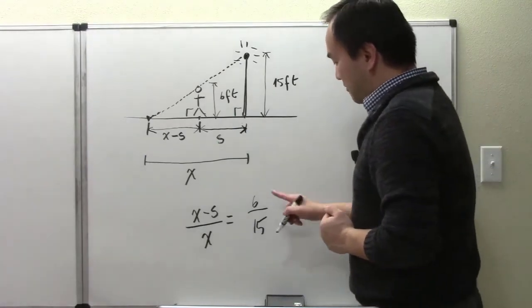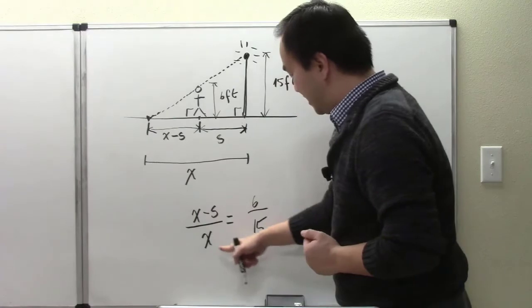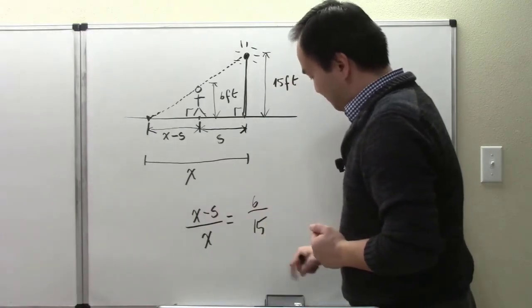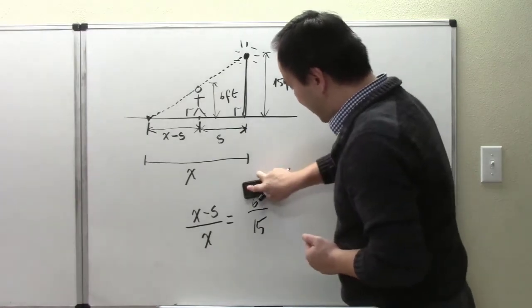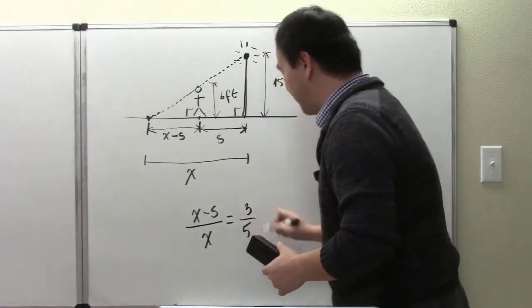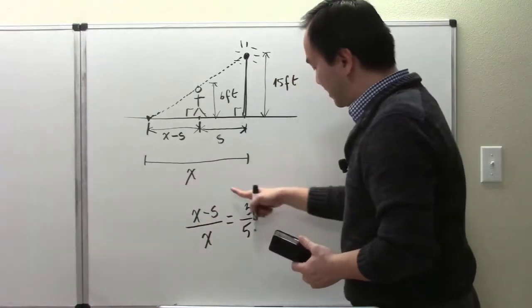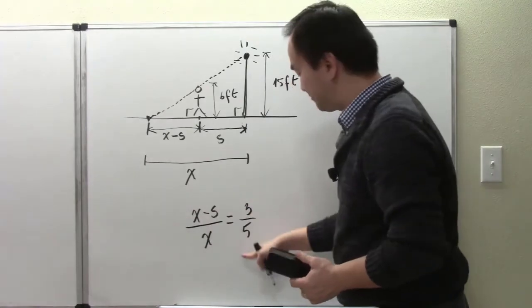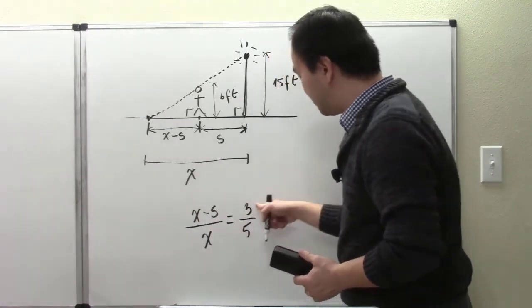From this, we actually brought for ourselves an equation. Go ahead and reduce this fraction, 6 over 15. I can quickly erase this and turn that into 3 over 5. Now, strictly staying on the algebra, we can cross multiply: the 5 is multiplied with the opposite side, and x is multiplied with 3.